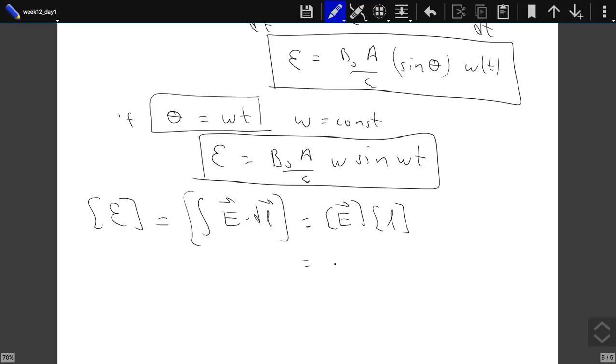Well, you see, E, let's write it SC squared, there's no square, divided by length, meter. What's the unit of SC?